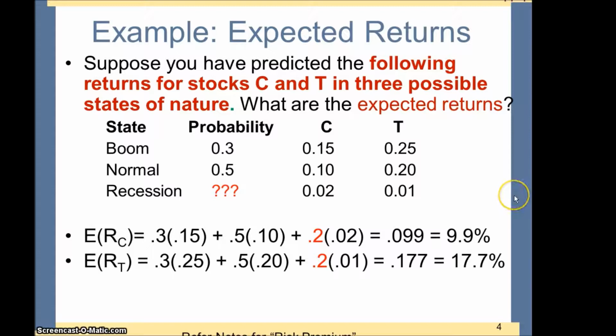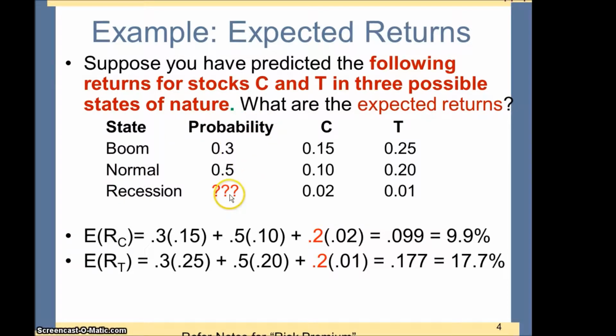Let's look at this example. You are given the following individual returns for stock C and T in 3 possible states of nature. What are the expected returns? First, you have the state probability for C and T. State means the 3 situations where the economy could be in: booming, normal, or recession.